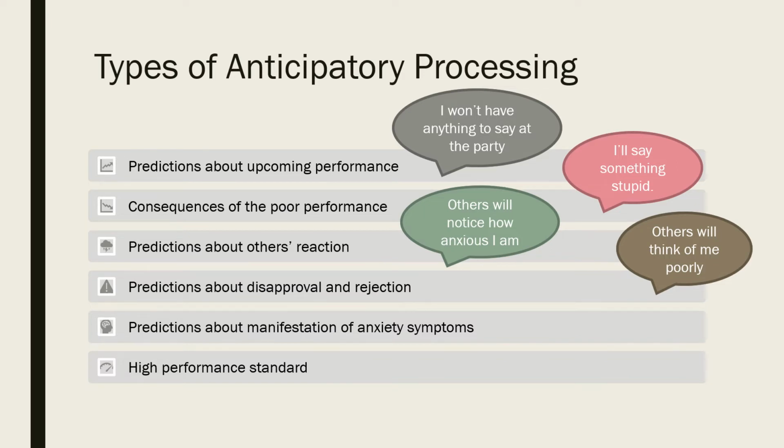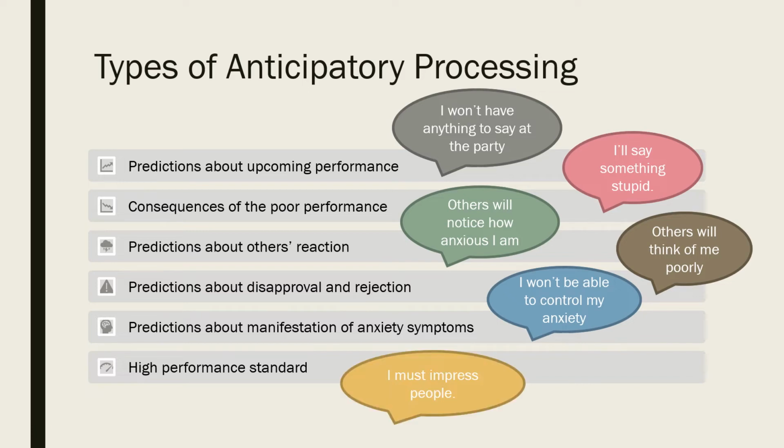And predictions about manifestation of anxiety symptoms. They often think the anxiety will be really uncontrollable, so I won't be able to control my anxiety. And also high performance standards, such as I must impress people, I must do this well, things like that.